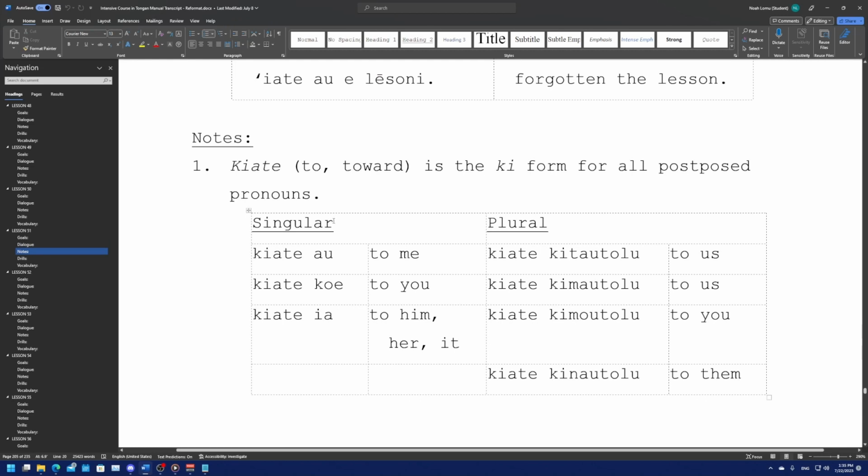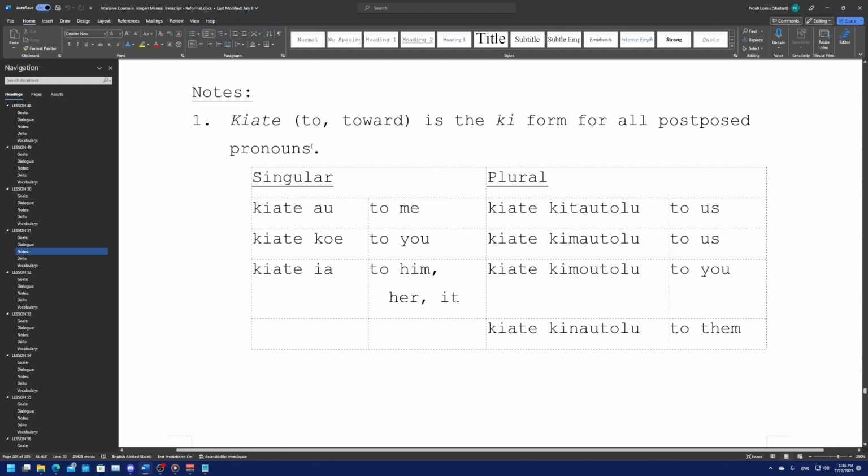So here in the notes, the first thing is kiate, which is to or towards. We've learned ki and kia. So ki is for sort of non-people, and kia is for people.